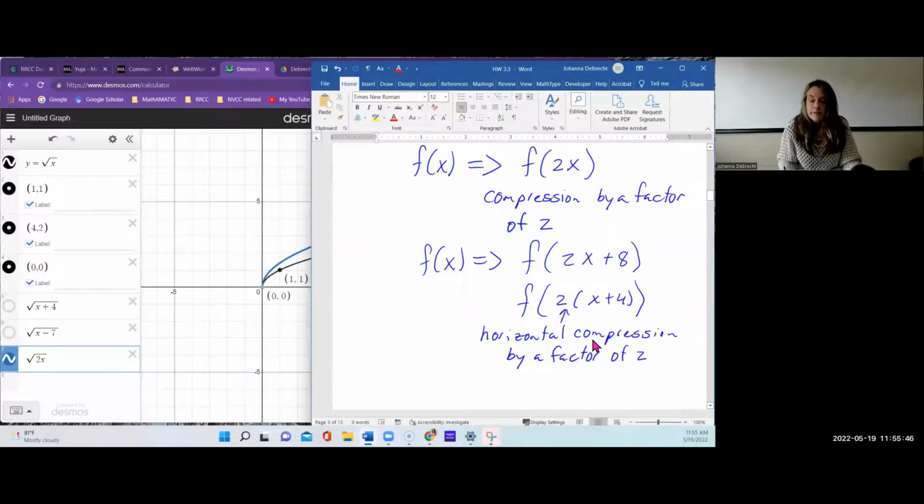And we're going to have a shift. This x plus 4 shifts it either left or right, doing the opposite to what we expect because it's inside the notation, inside the parentheses. Since I expect a plus to go to the right, it goes to the left. And this will be a shift left 4.